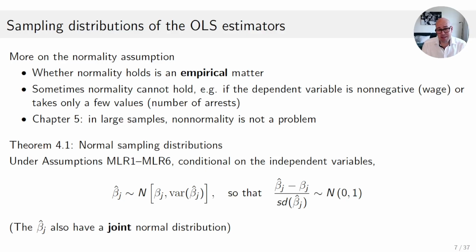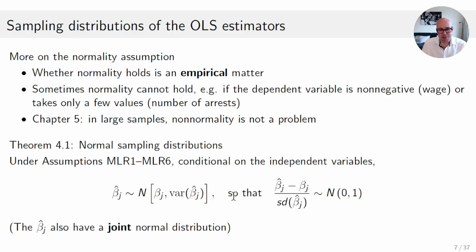That theorem says that under these 6 assumptions, the 5th being homoscedasticity, the 6th being normality of the error term, what we have for given x's, so conditional on the independent variables, is that our estimates beta j hat are going to be normally distributed with mean beta j and variance Var(beta j hat), and there's a formula for that variance.